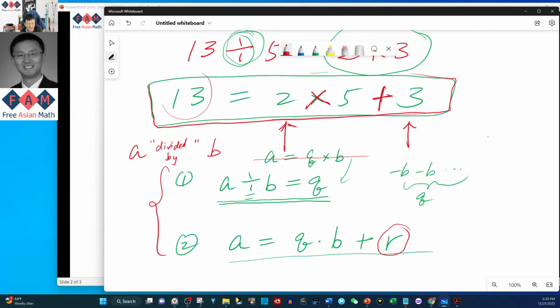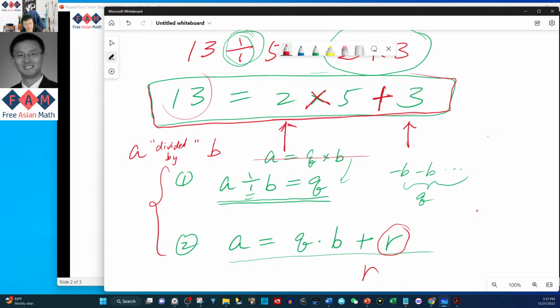That's what we have repeatedly emphasized today. This is what remains before we hit the negative territory. So R cannot be negative. So R will be equal to 0 or non-negative.